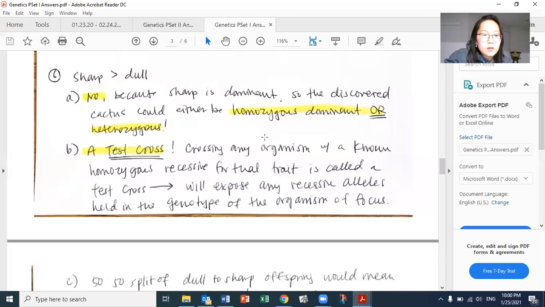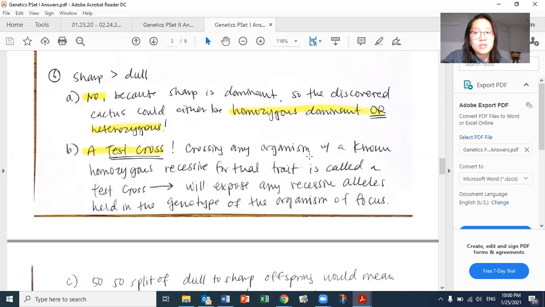Well, a test cross. So a test cross, if you look it up for yourself, or if you are learning it now, is when you cross any organism with a known homozygous recessive. So if you cross them with a little lettered organism of the same species, then you are going to see if there are any homozygous recessive offspring that are produced.